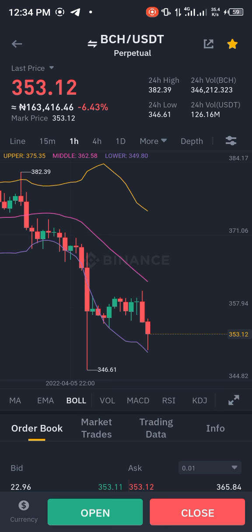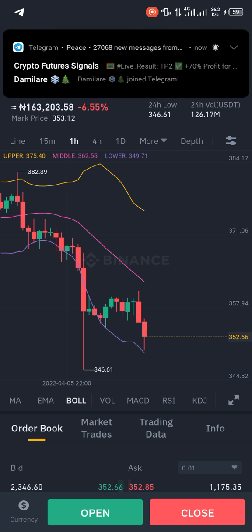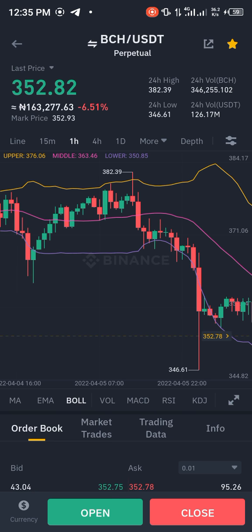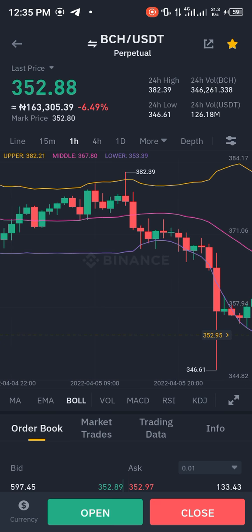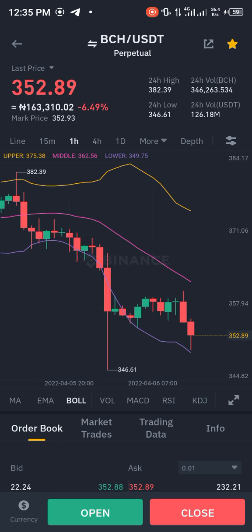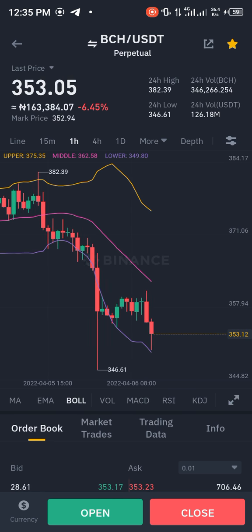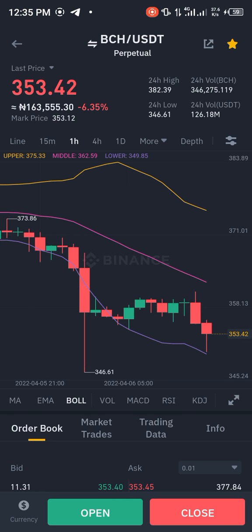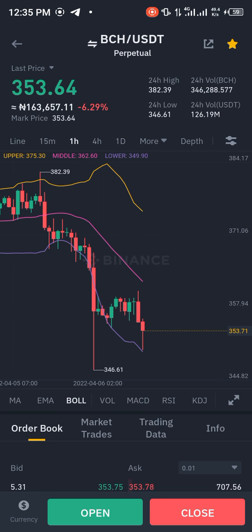But now if you can see, the three lines are actually pointing downwards, indicating that the market is very bearish. It was in a range along this place, moving up and down sideways, till it broke out downwards. At this present stage, we see that the market is going bearish. Why? Because the Bollinger Band is indicating that possibly there have been more sales on this BCH crypto in the market recently. More persons are selling their crypto.